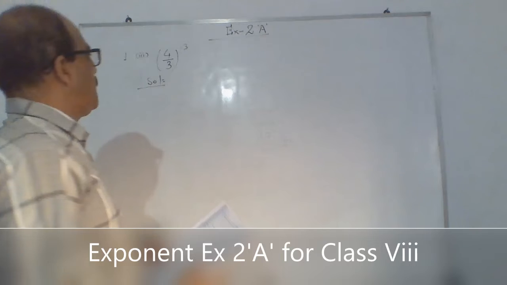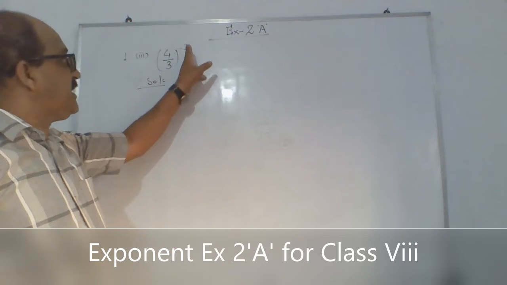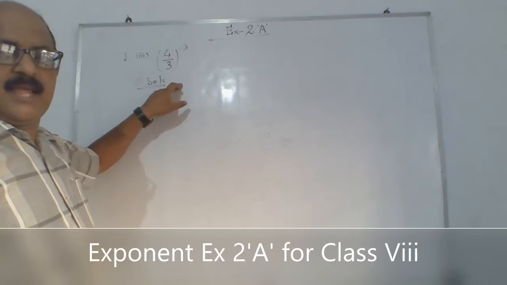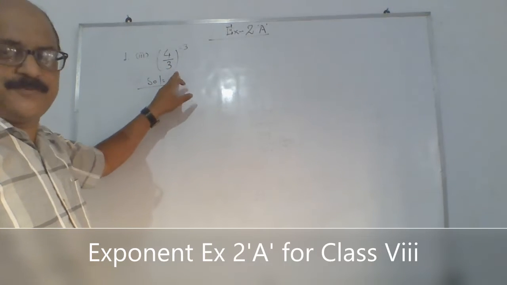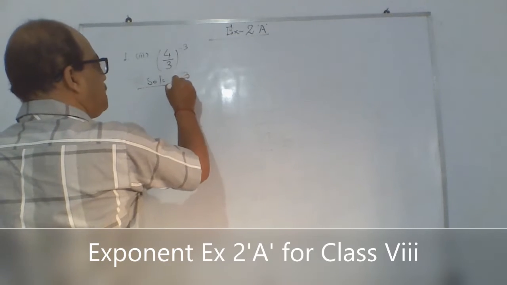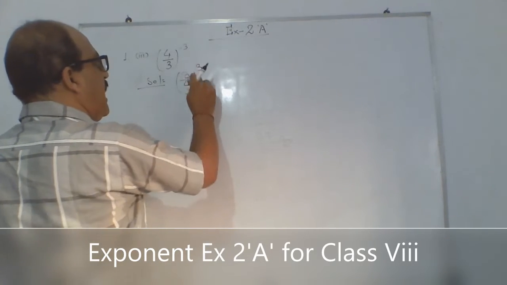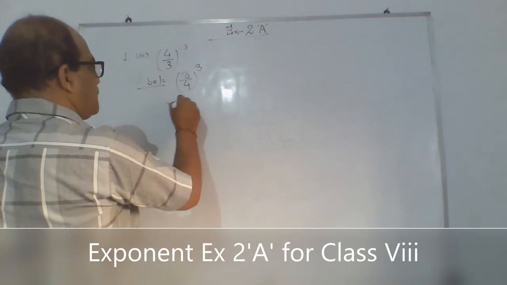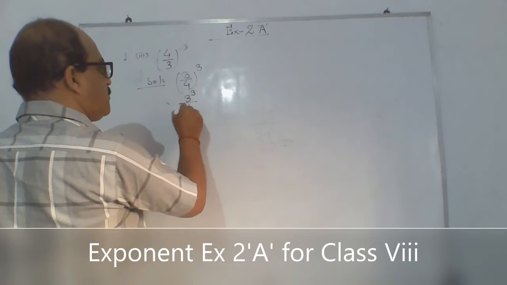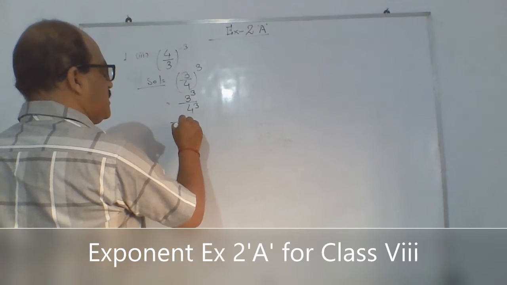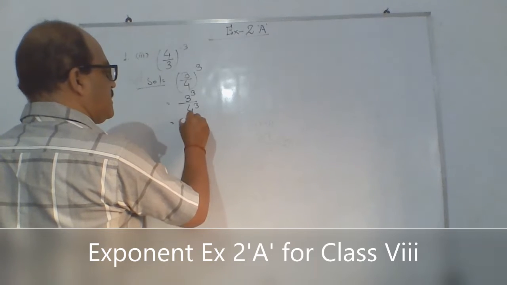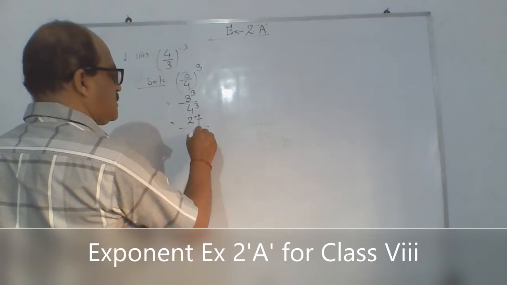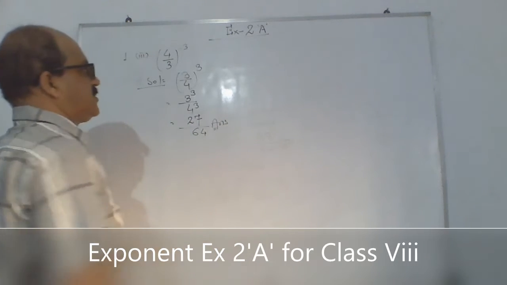As we know, when any rational number has a negative integer exponent, this rational number will be written as its reciprocal. So 4 by 3 to the power 3, and this negative integer will become a positive integer. Then 4 to the power 3 by 3 to the power 3, it means 4 into 4 is 16, 16 into 4 is 64, and 3 is written 3 times, so it becomes 27, and this is the answer.